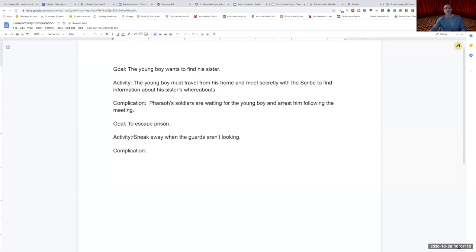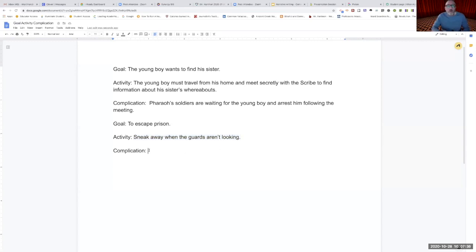Now, obviously, I will want to do something that could be seriously lame if I let it. He's secretive, but he's also smart. So I want him to escape in a really cool, clever way. So he sneaks away when the guards aren't looking.